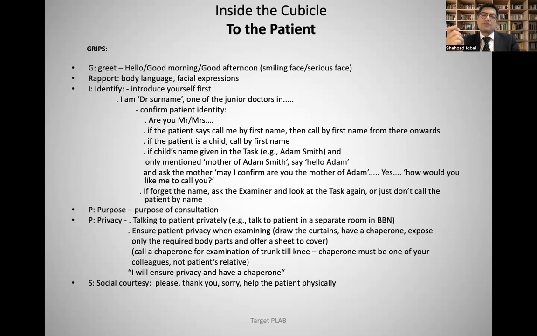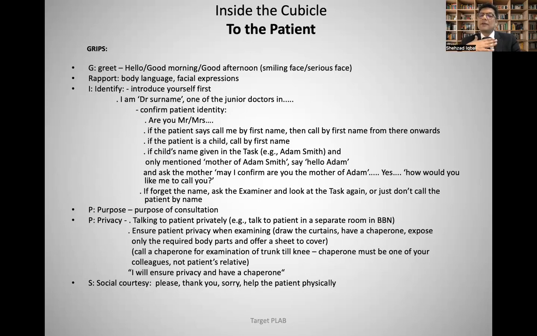You ensure privacy by drawing the curtain around the bed. You draw it by closing the door. And also you would say, I will have a chaperone with me. Chaperone meaning a colleague of you, like for example, a nurse, who would come and stand with you when you are doing a private examination of a private part.